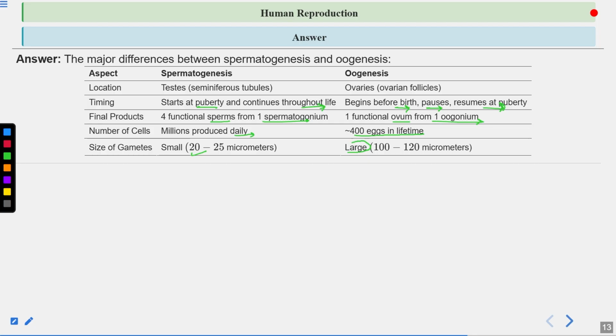The egg, the ovum, is of large size, around 100 to 120 micrometers. Sperms are motile. Egg is non-motile, and it is large. It consists of a good quantity of cytoplasm, which will help in early embryo development.